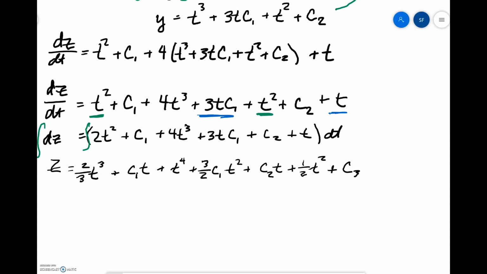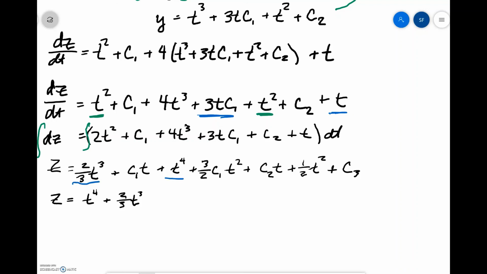So can I combine any of those things? I'm sure I can. Let's rewrite that. So z is t to the fourth, and then plus 2/3 t to the third. So now we've got that one gone and that one gone.